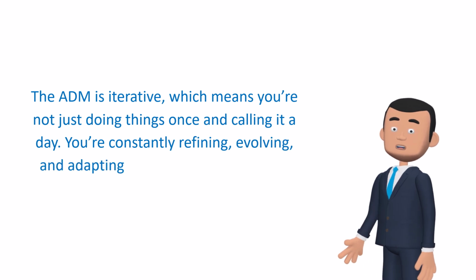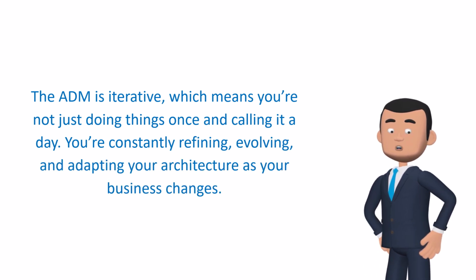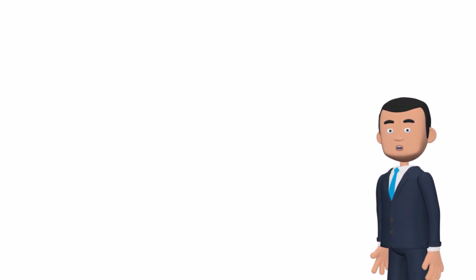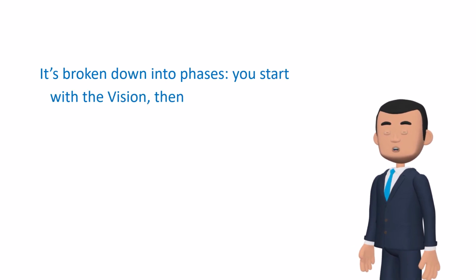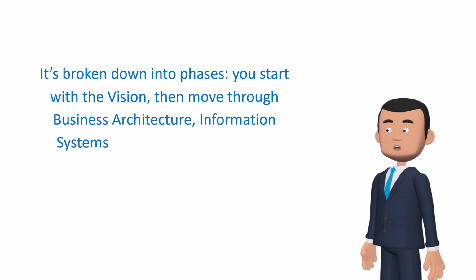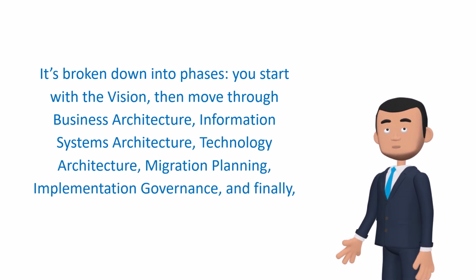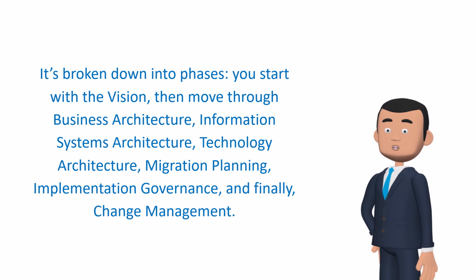You're constantly refining, evolving, and adapting your architecture as your business changes. It's broken down into phases. You start with the vision, then move through business architecture, information systems architecture, technology architecture, migration planning, implementation governance, and finally, change management.